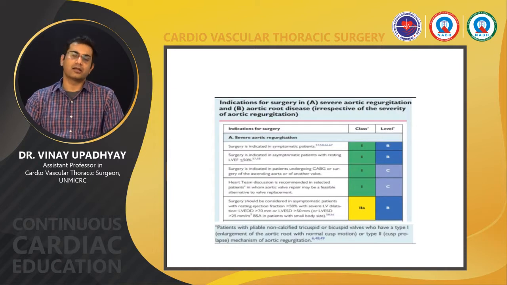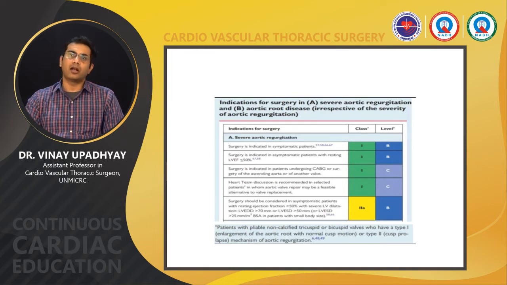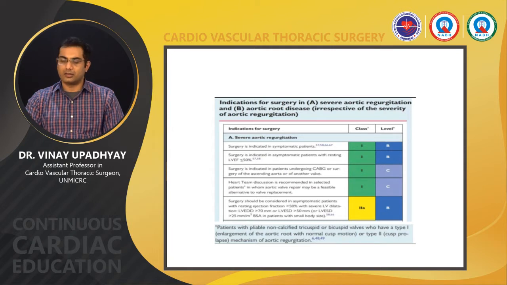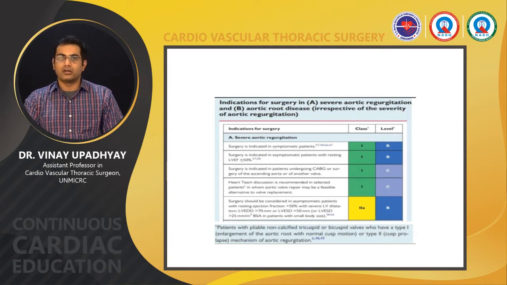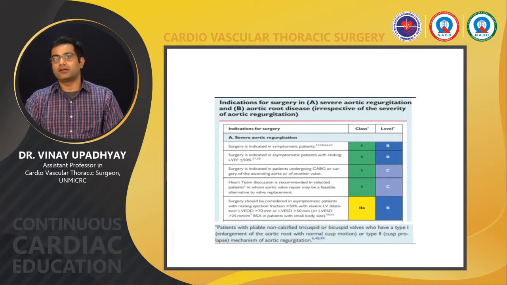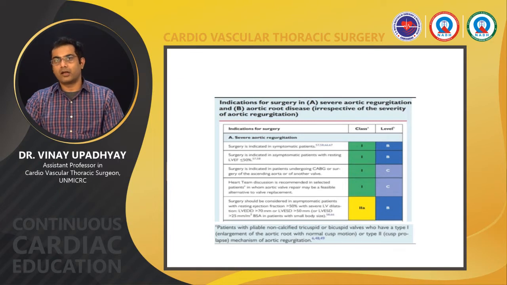Next, these are the indications for surgery in severe aortic regurgitation. Usually for mild and moderate aortic regurgitation, medical management is applied, while for severe aortic regurgitation, these are the indications for surgery. Any symptomatic patient with severe AR, we go forward and plan for surgery.